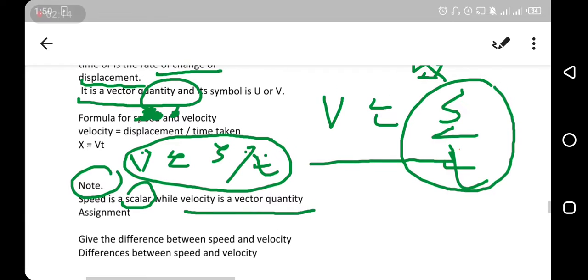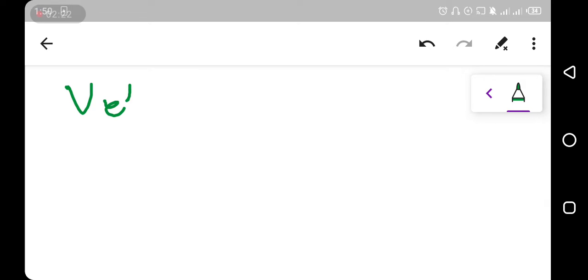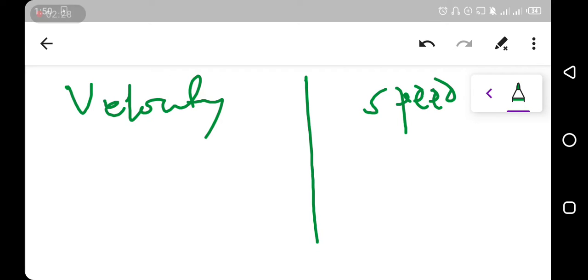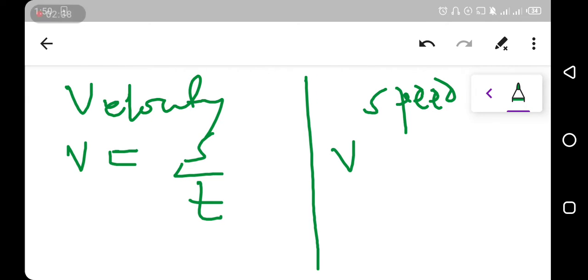Let's look at an example with velocity and speed. For velocity, the formula is displacement over time. For speed, v equals distance over time.